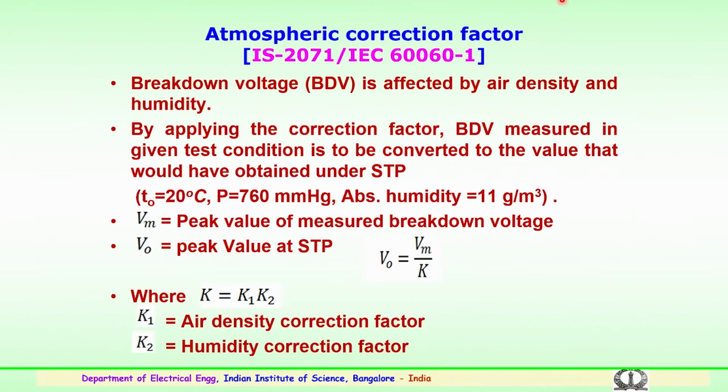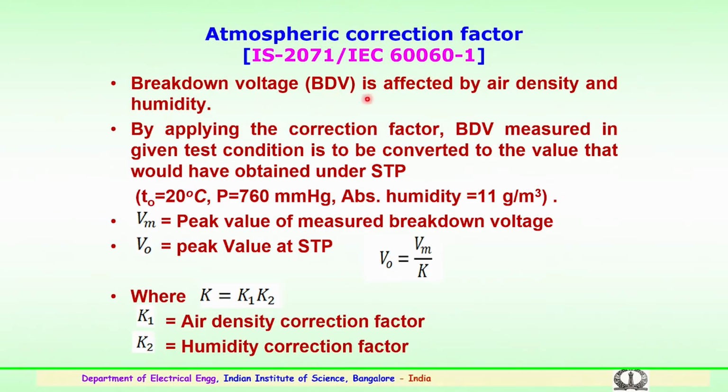So, there are national and international standards, that is IS 2071 and also IEC 60060 high voltage test standard, which very clearly mention the correction factors to be used for the breakdown voltages obtained using the sphere gap assembly.